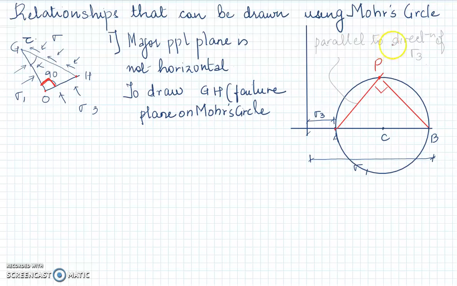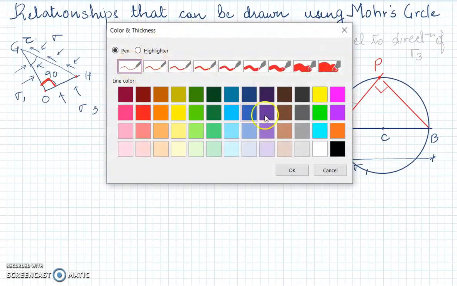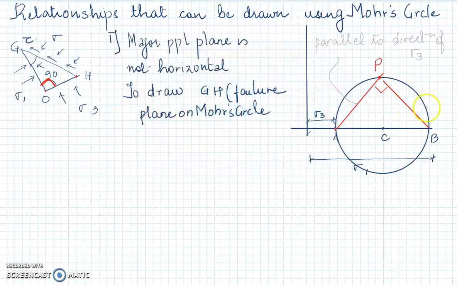So now I drew this first line parallel to sigma 3 and a second line. Automatically this second line is actually going to indicate, what is it going to indicate? The direction of sigma 1. So this is the line which will indicate sigma 1 direction.